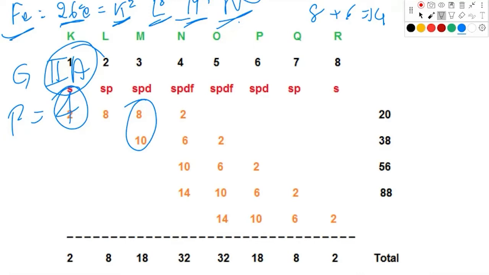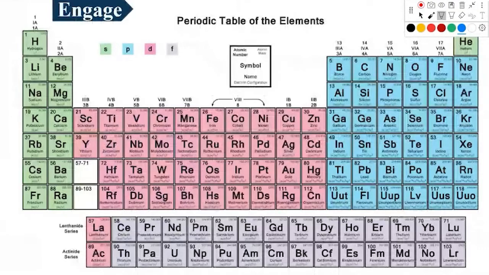It's not correct, teacher. Sorry? It's not correct. Yes. If you look back to the periodic table, you can see iron does not stay in group 2A.